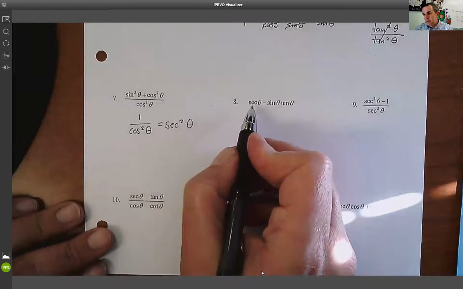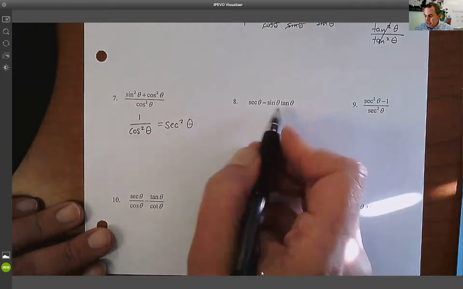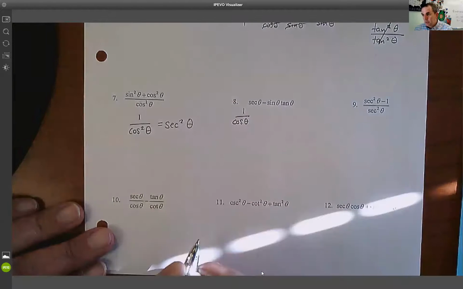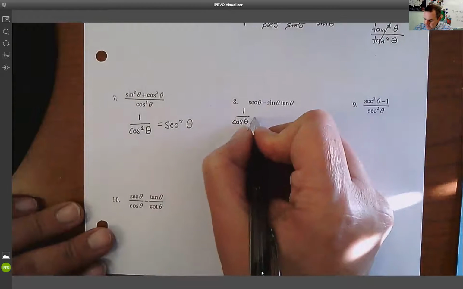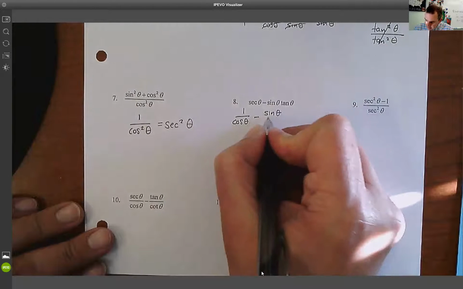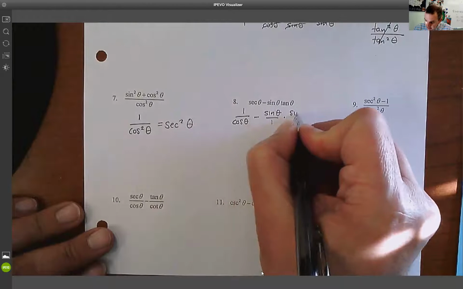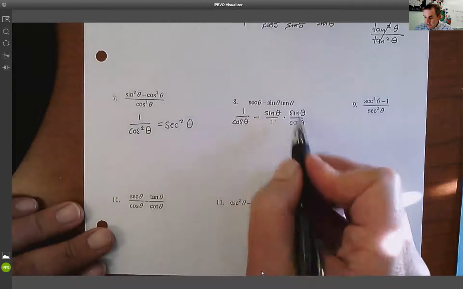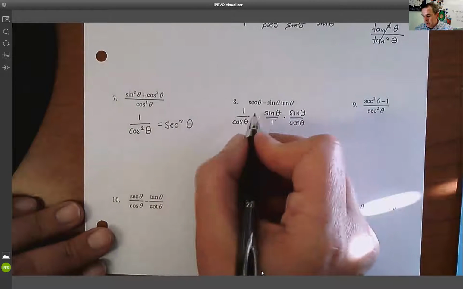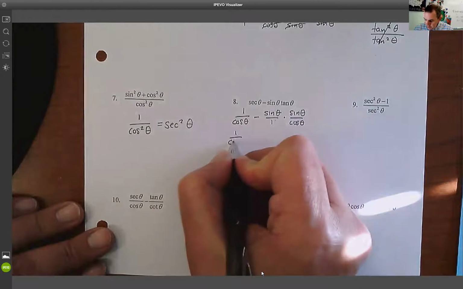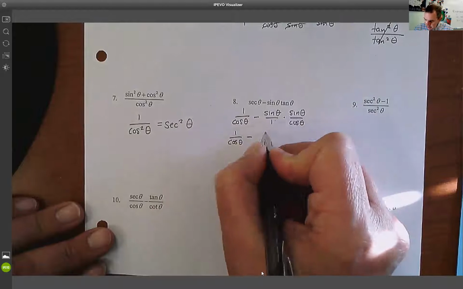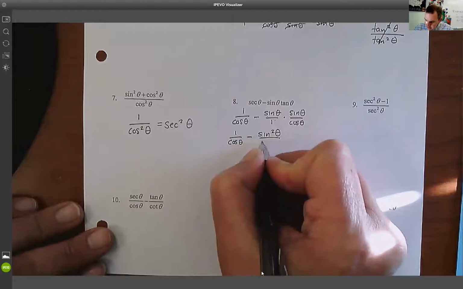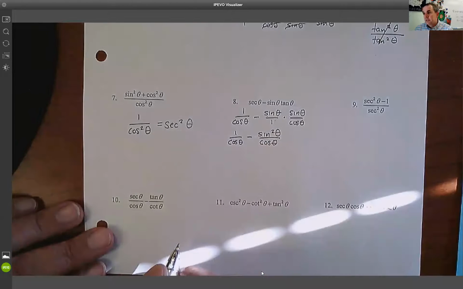Now this one's secant theta minus sine theta tangent theta. Again, this is one where we're going to have to expand it out, turn it into sines and cosines. So 1 over cosine theta minus sine theta over 1 times sine theta over cosine theta, since that's tangent. Now in this one, we're just going to do some combinations because there's no rule that we use. So this is going to become sine times sine, which gives me sine squared theta over cosine theta.